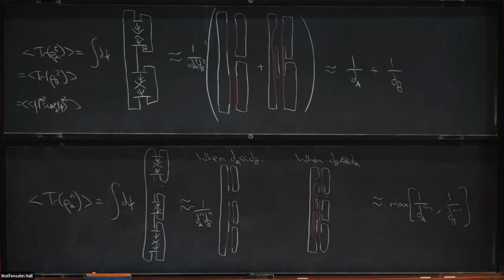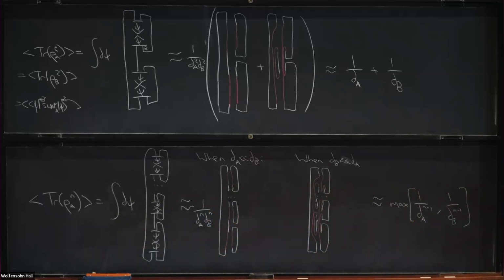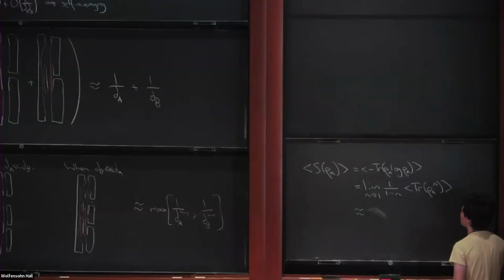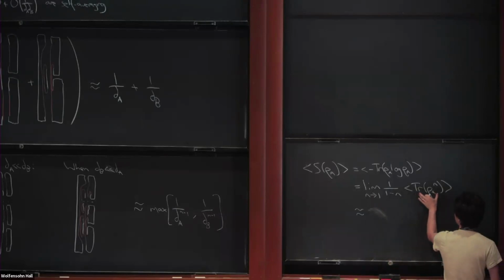Okay, great. So now that we've computed this for all integer n, if we are willing to be a bit hacky, then we can easily compute the expected value for the entanglement entropy, S of rho A, because the entanglement entropy is just minus trace of rho log rho, and by L'Hopital's rule, that's equal to the limit as n goes to 1 of the expectation of trace of rho to the n divided by 1 minus n.